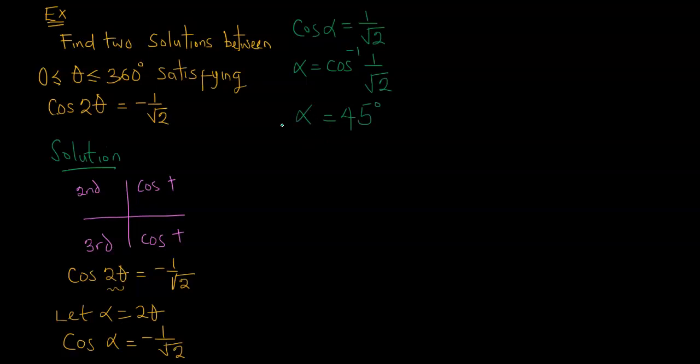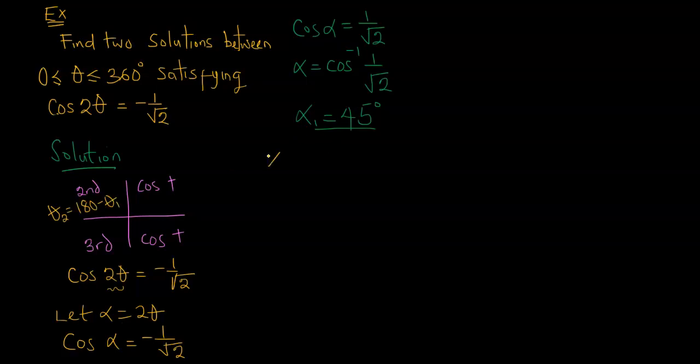Now, this is the value of alpha in the first quadrant, but we know it's impossible for alpha to be in the first quadrant. It's impossible because the cosine of an angle can only be negative in the second or the third quadrant. But since we know that every angle beyond the first quadrant can be represented as another angle in the first, having obtained the value of alpha in the first quadrant, I can rely on the fact that in the second quadrant, an angle is always equal to 180 minus theta 1.